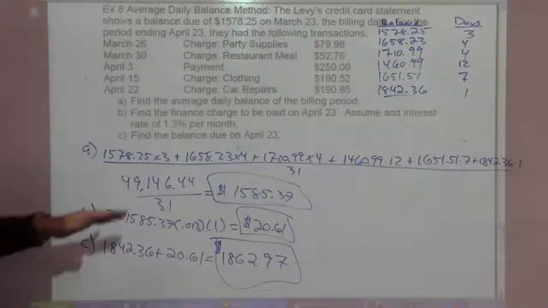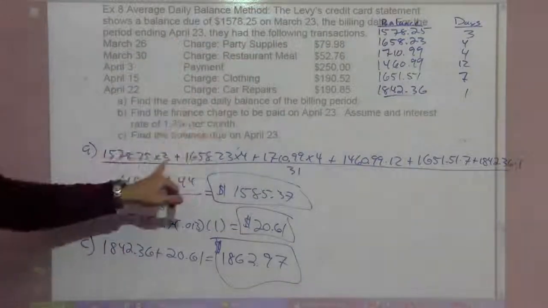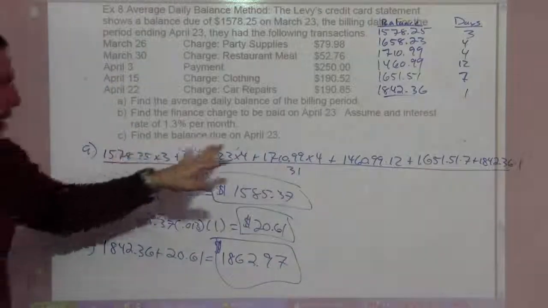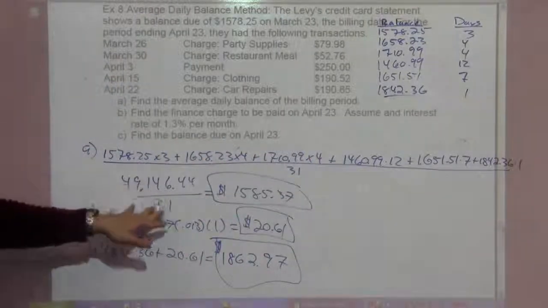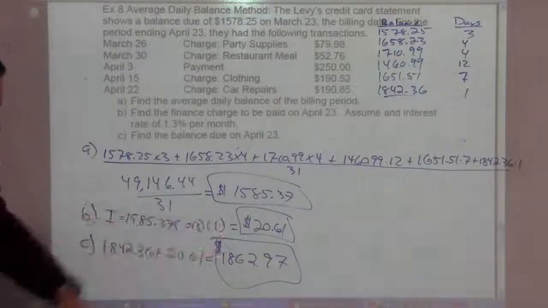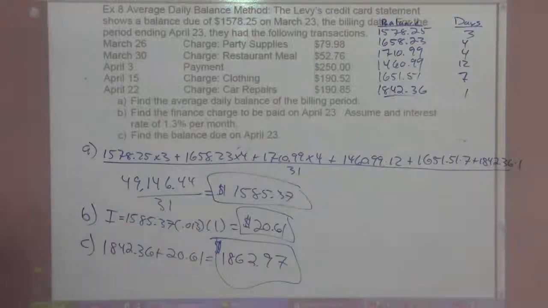Now this is a very tedious one because you have to look at the balance and number of days at each balance level, multiply and add, divide by 31, and you get that. Now interest is going to be computed on all that because, sorry, this is the average daily balance method, not the unpaid balance method. Okay, feel free to pause that. We're going to move on.